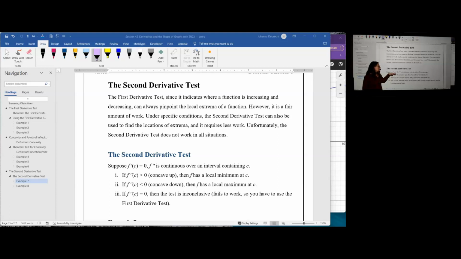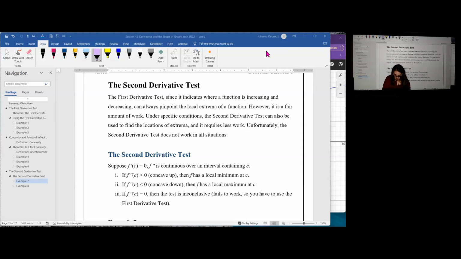We only know that it is going to be concave up, provided the second derivative is strictly positive, and concave down, provided the second derivative is strictly negative. If the second derivative doesn't exist, such as at a cusp or a corner, we don't know what we have there. We'll have to look at the graph. If the second derivative is 0, we also don't know what happens there. Again, we have to use the first derivative test to figure out if we have something happening at that point.